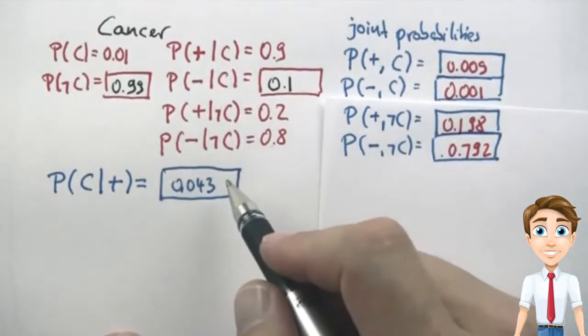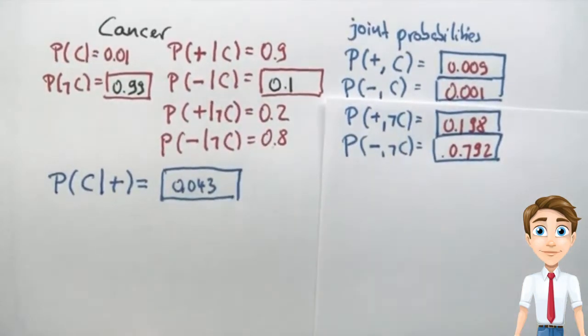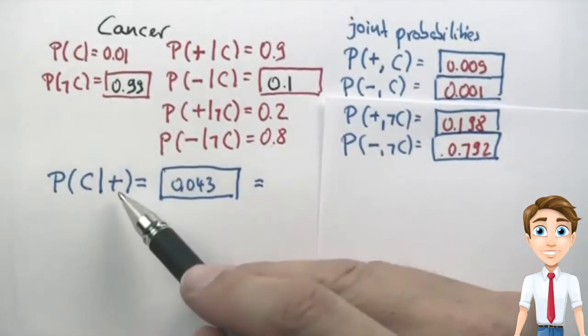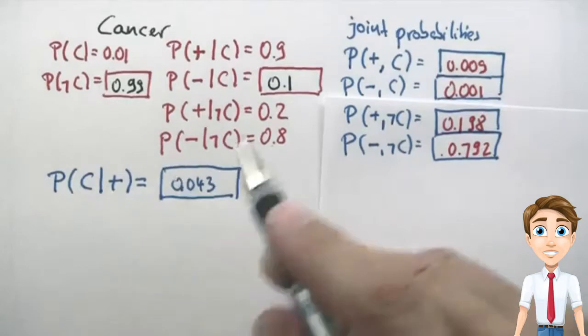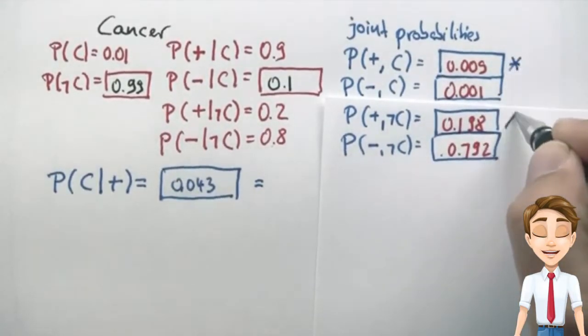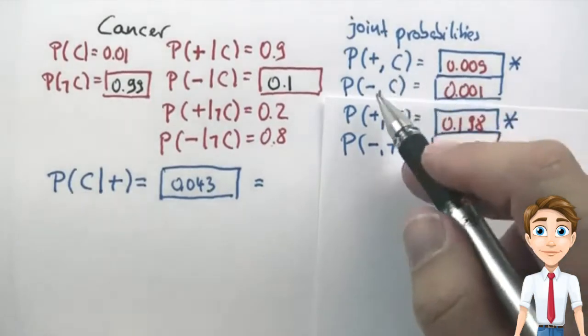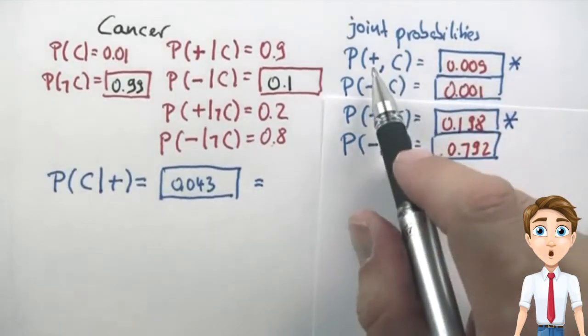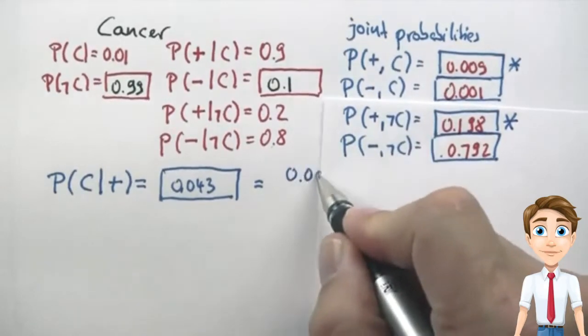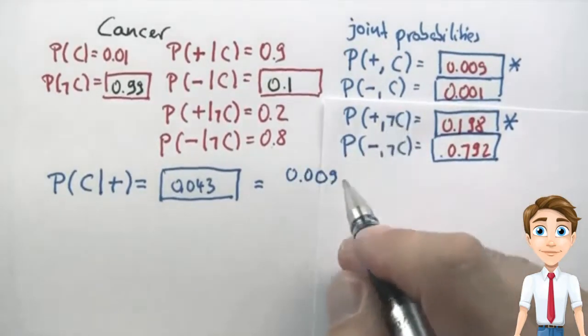Now, how come this value is so small? Well, let's just put all the cases together. We already know that we received a positive test. Therefore, this entry over here and this entry over here are relevant. Now, the chance of having a positive test and having cancer is 0.009.